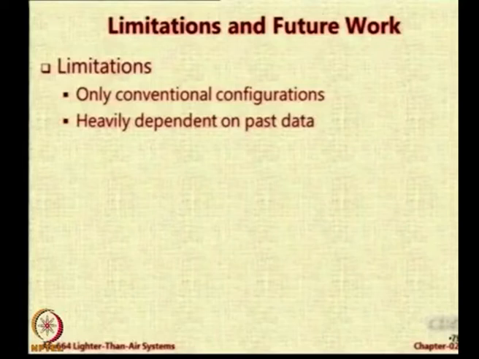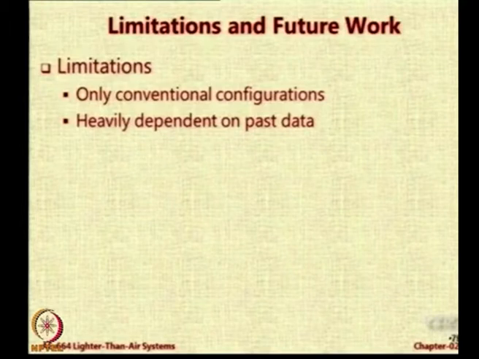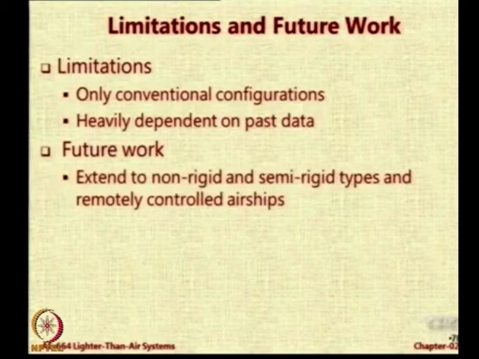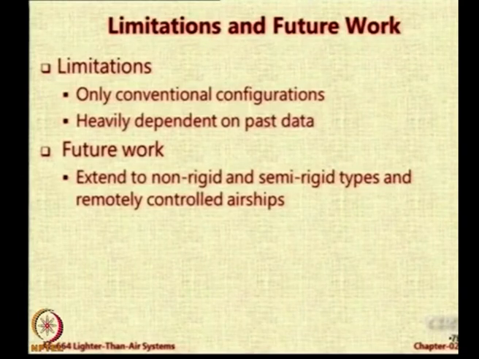It depends heavily on past data, and past data in 2003 is lower than past data in 2015. So, there is scope for improvement by putting data for newer airships, more experience. What can be done? You can extend this to non-rigid, semi-rigid types and also to RC airships.